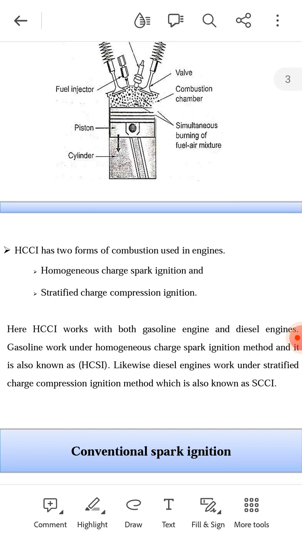Gasoline works under the homogeneous charge spark ignition method, also known as HCSI. Likewise, diesel engines work under the stratified charge compression ignition method, also known as SCCI.